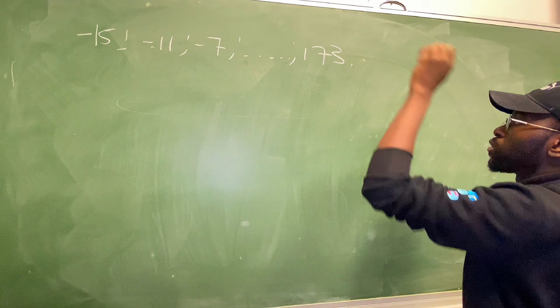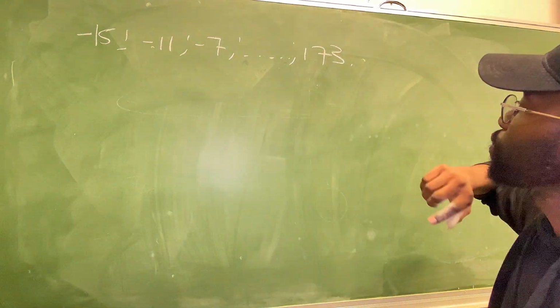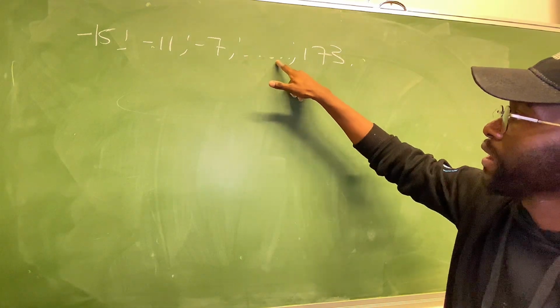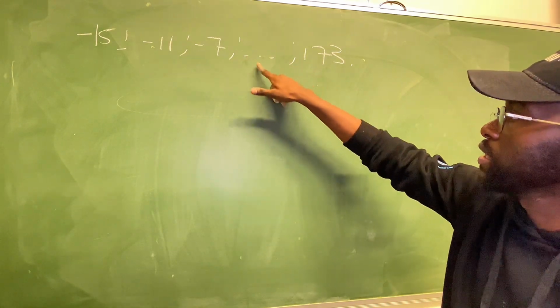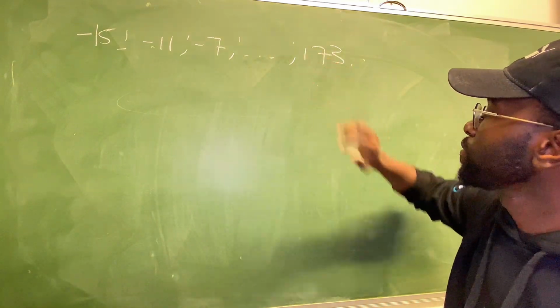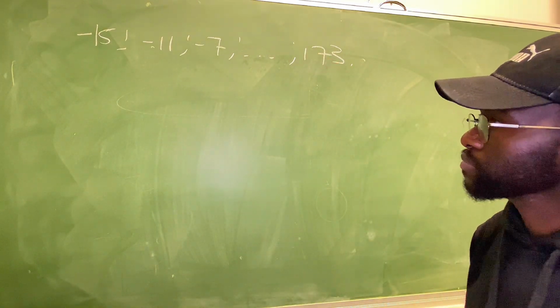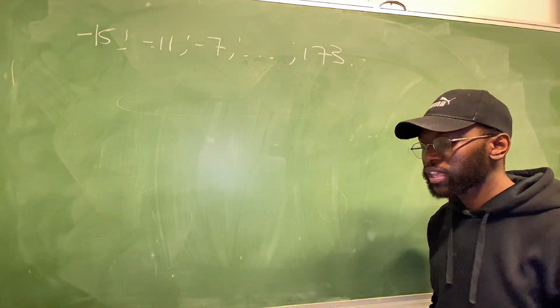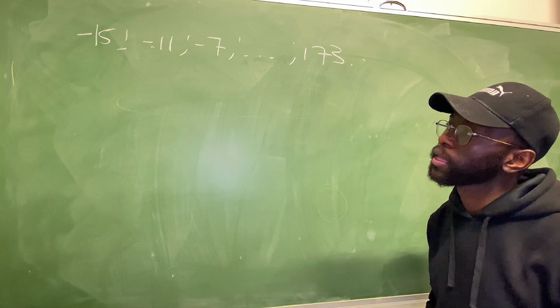Our sequence, you see a full stop there to say, okay, it ends here. But if you have this, usually 3 ellipses, it shows you that it continues, and then I'll give you the last term there.